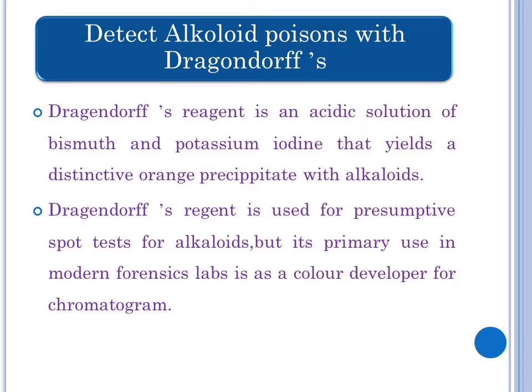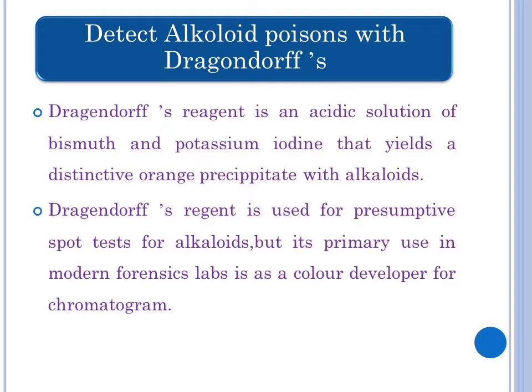Dragendorff's reagent is still used for presumptive spot tests for alkaloids, but its primary use in the modern forensics lab is as a color developer for chromatograms that have been used to separate mixtures that contain alkaloids, because Dragendorff reacts with almost every alkaloid to yield the orange positive. Dragendorff is an excellent general alkaloid reagent.